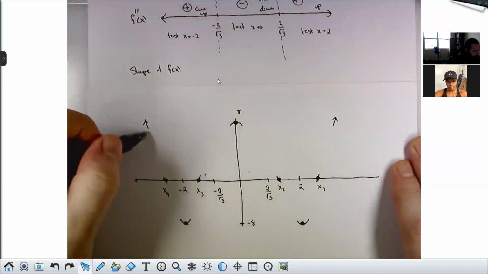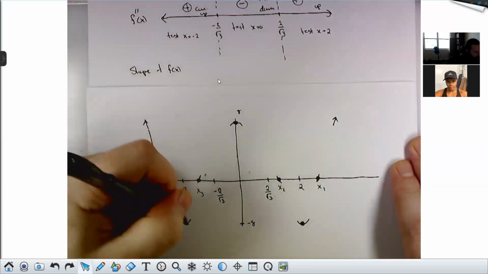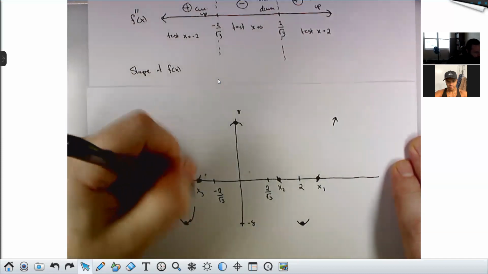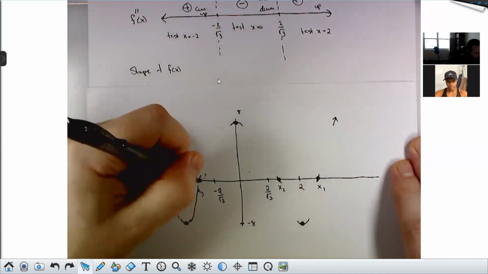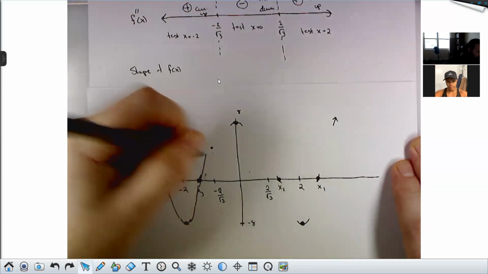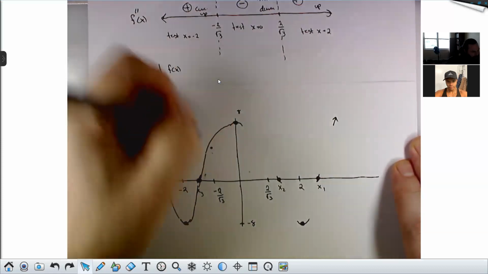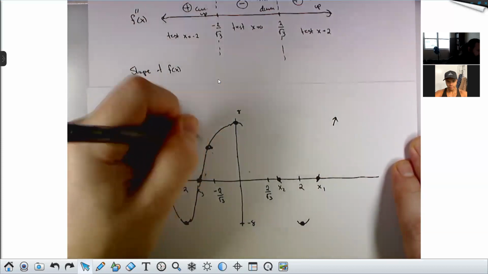So let's start trying to do this. We are concave up everywhere over here. Let me do my best to draw this in a way that's not ugly. And then I know I have an IP here. So somewhere around here, I switch to being concave down. I'm going to try to draw that. This is my IP.